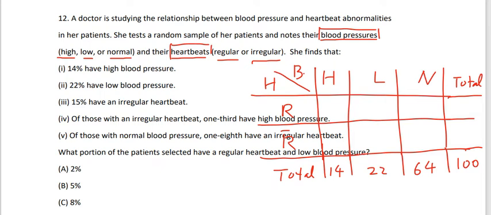For blood pressure, we split 100 people into 3 parts. For heartbeat, not regular is 15, so regular is 85.